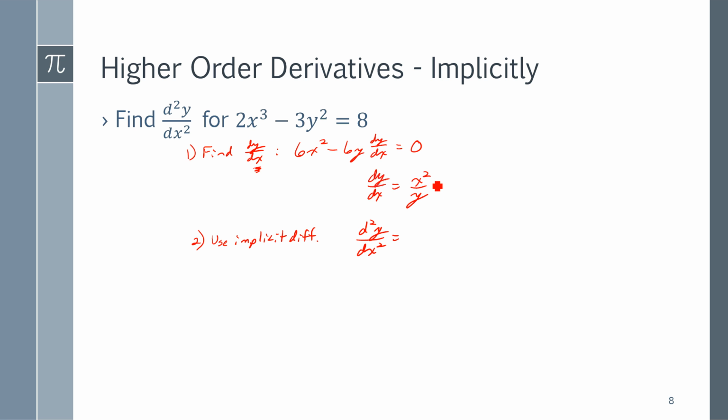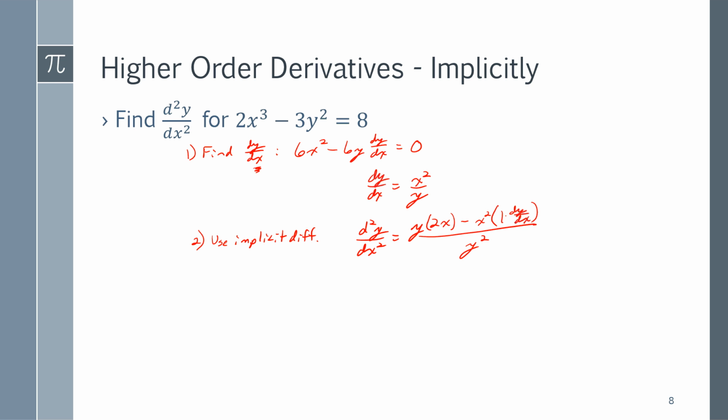But now to do the derivative of x squared over y, I need to do the quotient rule. So I have bottom times the derivative of the top, and that's an x, which is still my independent variable, so I don't need chain rule there, minus the top times the derivative of the bottom, which would be 1, but y is not an x, so I need dy dx, all over the bottom squared.